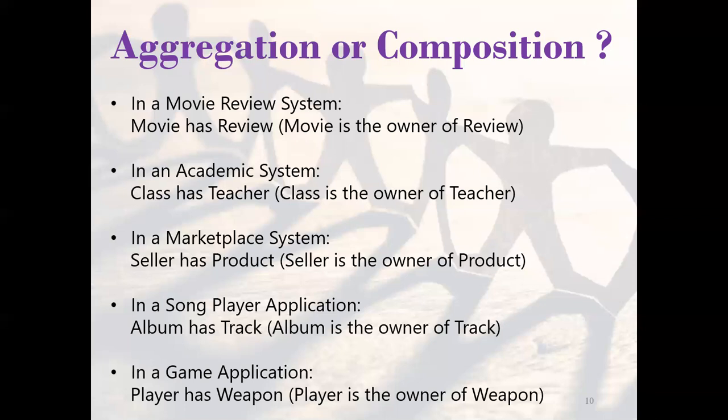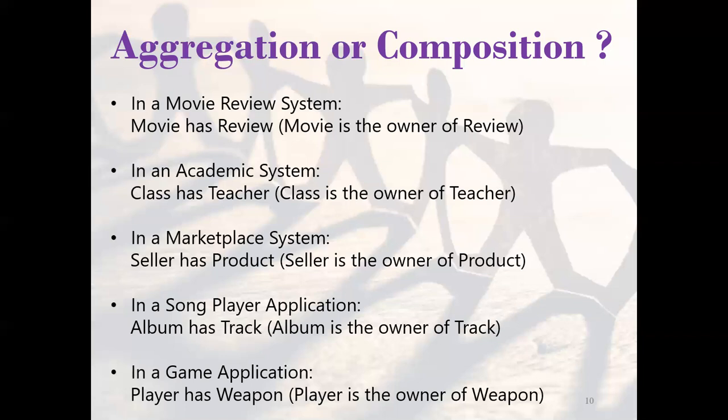Composition. Yes or no, it depends on the weapon. If, for example, we're talking about a hero with its specific weapon, then yes, it's composition because that specific weapon cannot be owned by other classes. But if the weapon is something that can be traded, then it can be an aggregation.